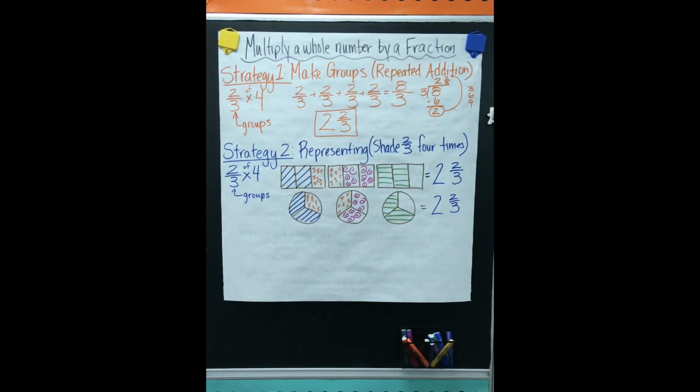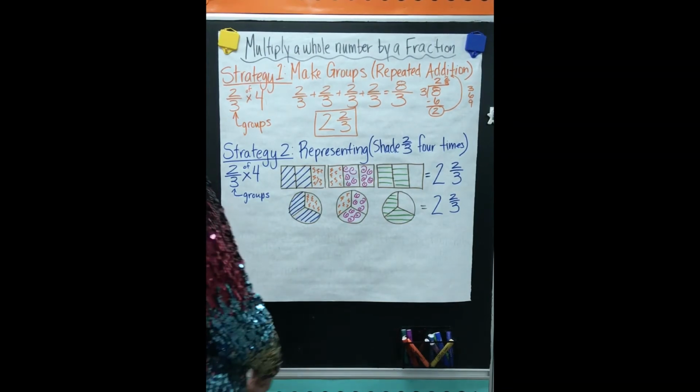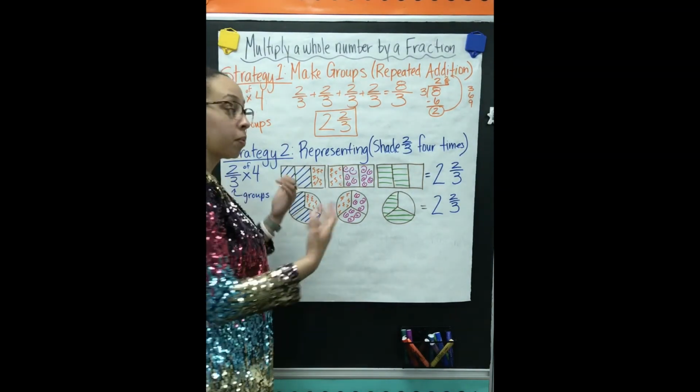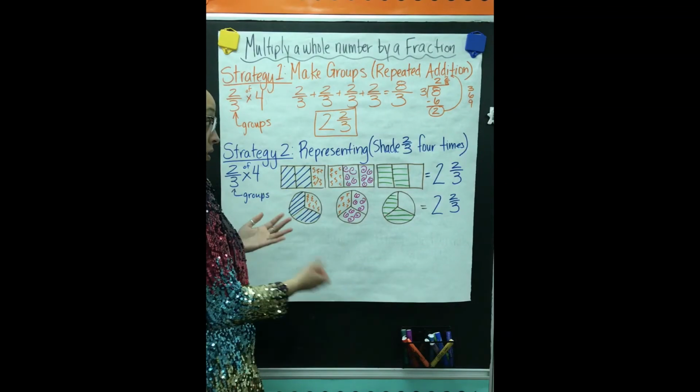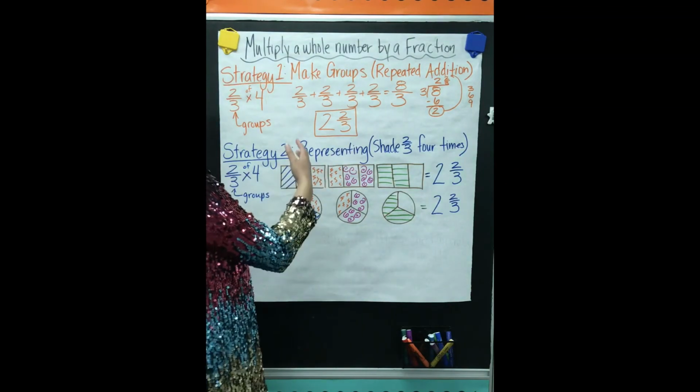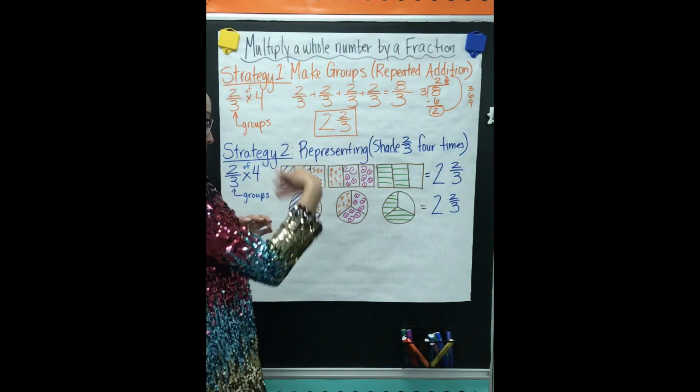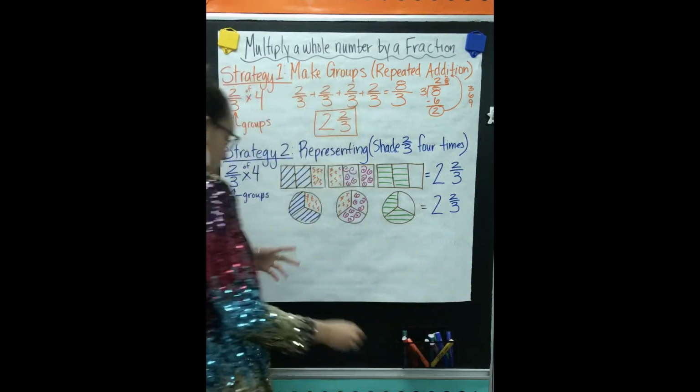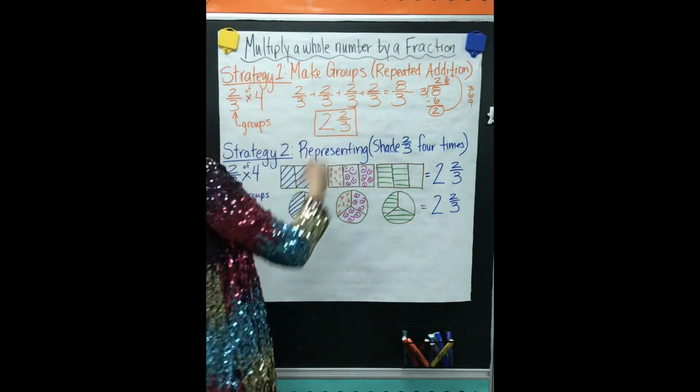Okay, so our last strategy is going to be the algorithm, the procedure, just the math part of it without repeated addition or representing. So it's going to be the procedure on how to multiply a whole number by a fraction.